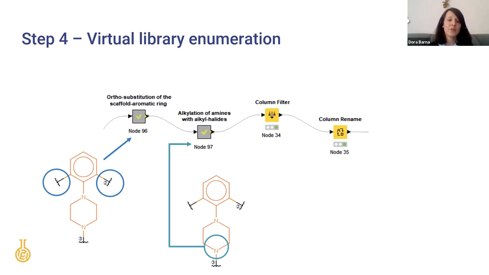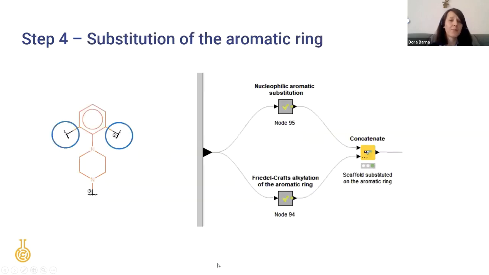First, we are going to functionalize the 2 ortho aromatic carbon atoms with different substitution reactions. And then we are going to use amine alkylation virtual reactions to attach and bind substituents to the piperazine nitrogen here.